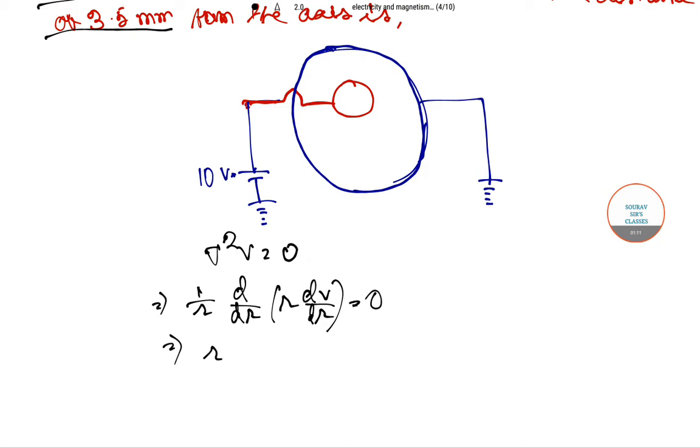Then R dV/dR equals C1. If d/dR of this is equal to 0, then the function R dV/dR is constant.